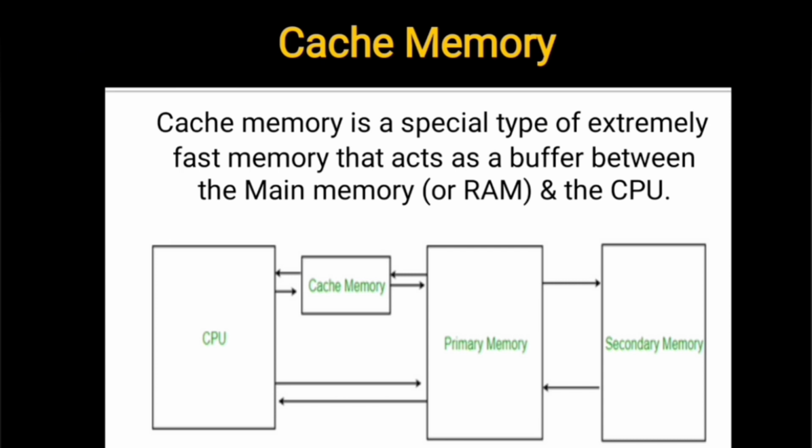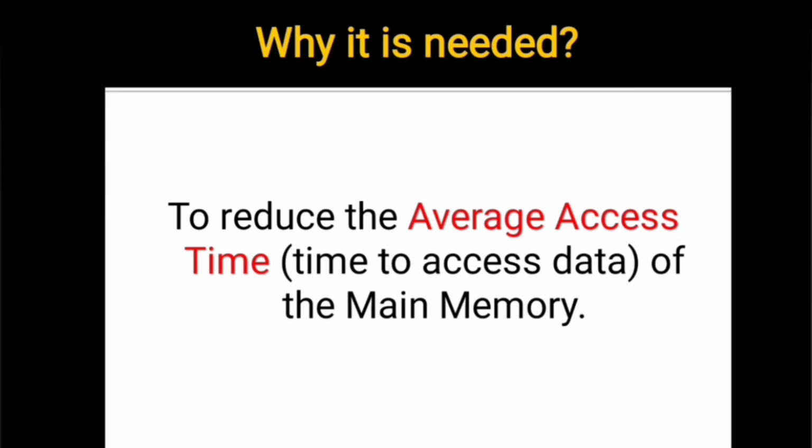In this diagram you can clearly see that between the processor and your primary memory, that is your RAM, we have a very small size memory, and this memory is known as a cache memory. Now let us understand why this cache memory is needed between the processor and the main memory. The answer is to reduce the average access time of the main memory.